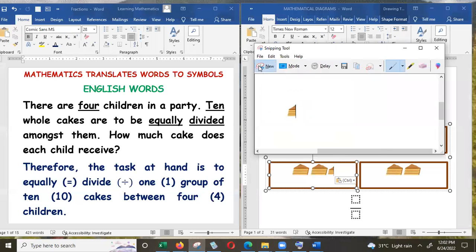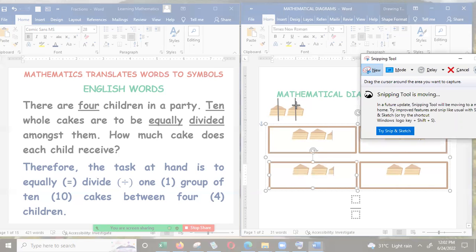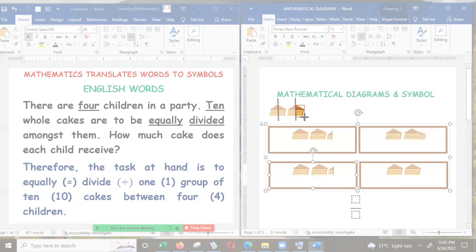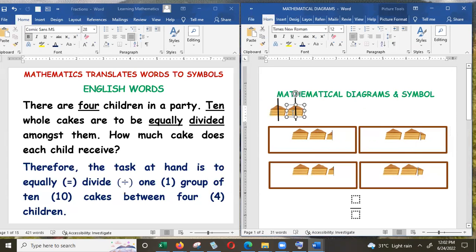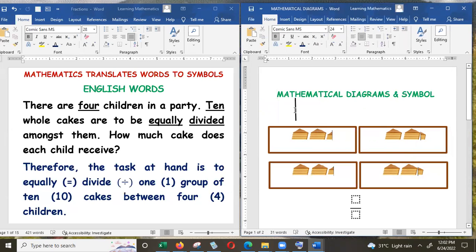Likewise, this final slice here will be 1 out of 2, 1 out of 2 from a whole. So that looks like 2 whole cakes and 1 out of 2 from a whole. Each child received 2 whole cakes and 1 out of 2. So we can delete those 2 cakes because they have been equally divided amongst the 4 children.